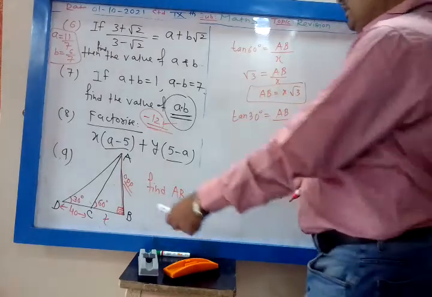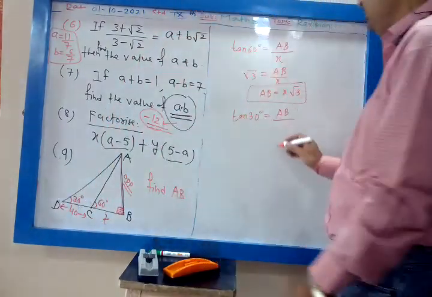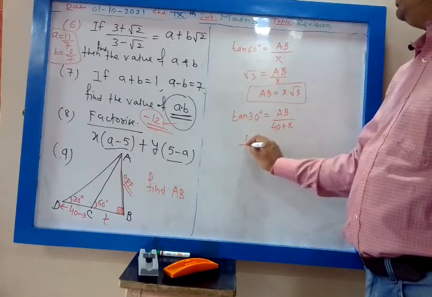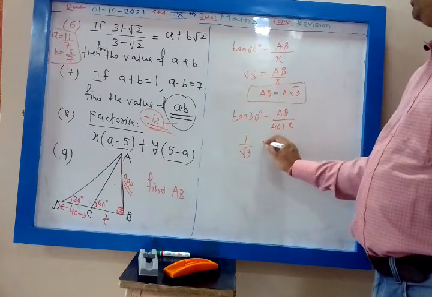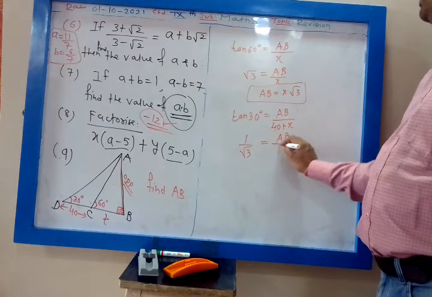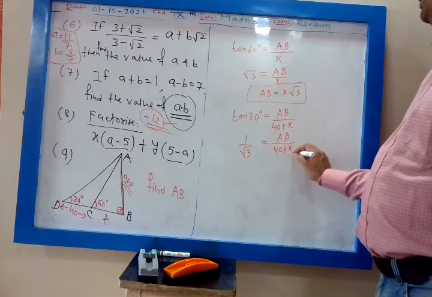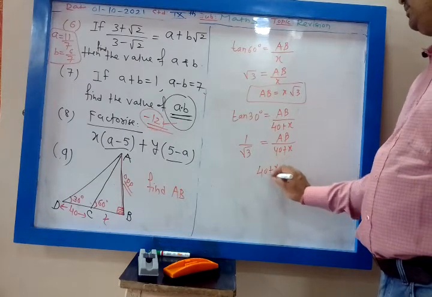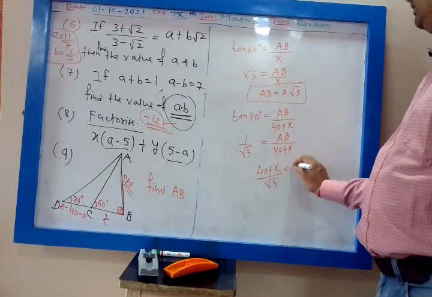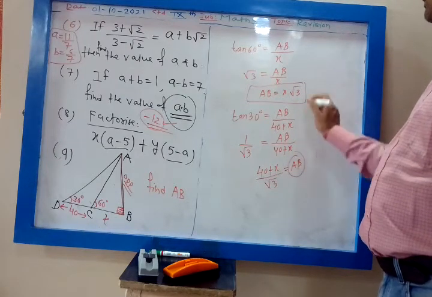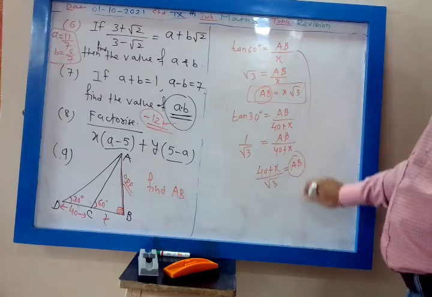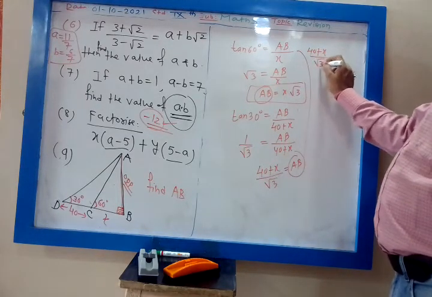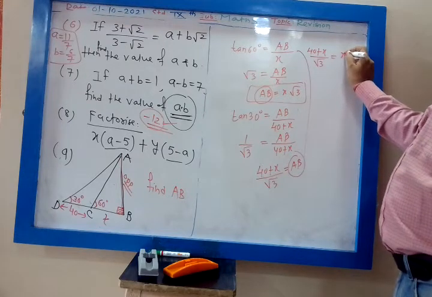Adjacent is BD, that is 40 plus X. Tan 30 is 1 by root 3. 1 by root 3 is equal to AB upon 40 plus X. So you will get 40 plus X upon root 3 is equal to AB. This is AB, this is AB. So when you equate, you will get 40 plus X upon root 3 is equal to X root 3.